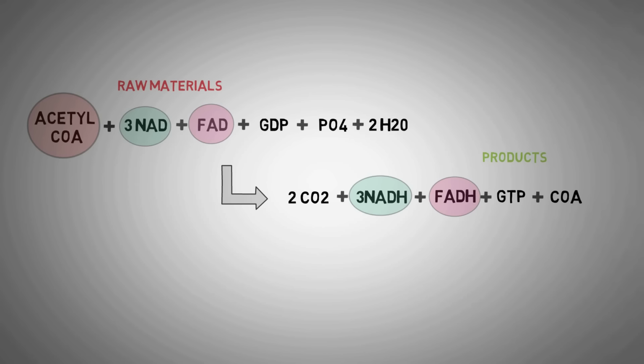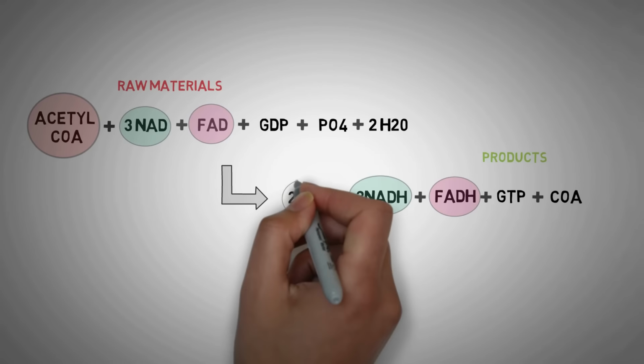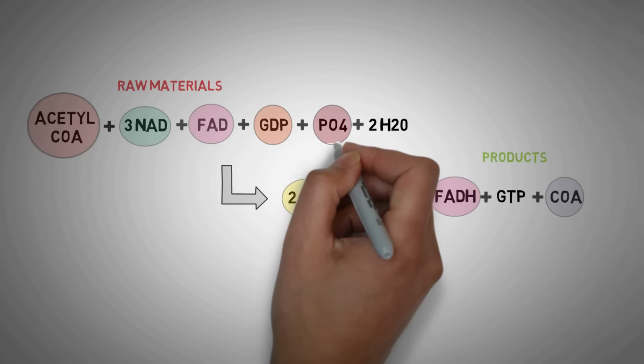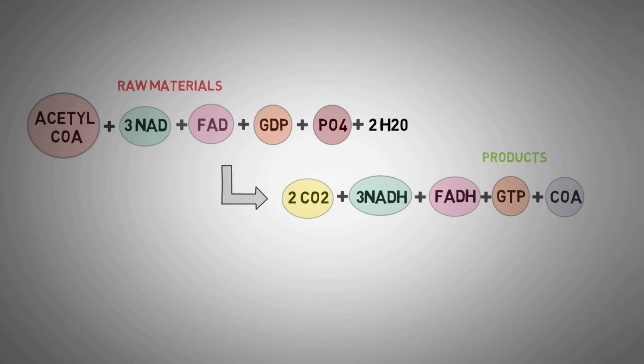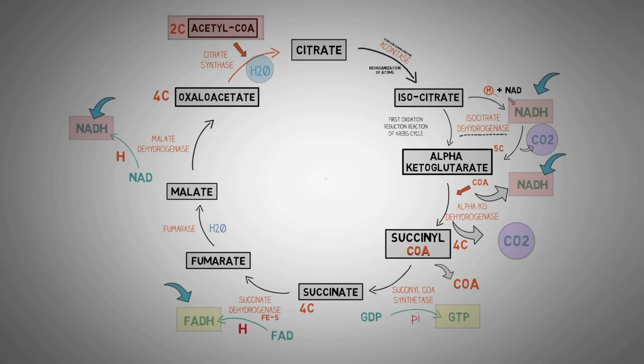This FADH is produced in the conversion of succinate to fumarate here. 2 molecules of carbon dioxide are produced for every 1 molecule of acetyl-CoA that enters the Krebs cycle, like I showed you earlier. 1 coenzyme A is produced in the conversion of succinyl-CoA to succinate, where succinyl-CoA loses the coenzyme A. And 1 molecule of GDP combines with 1 molecule of inorganic phosphate and leads to the formation of 1 molecule of GTP. 2 molecules of water are consumed, one in the synthesis of citrate and one here in the hydration of fumarate.